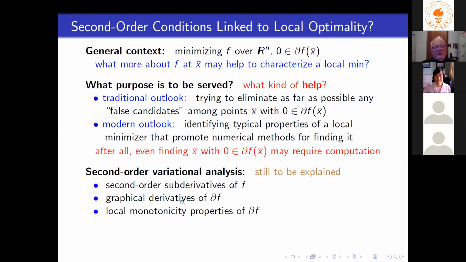So roughly graphical derivatives are what we're going to get by applying variational geometry to the graph of a set valued mapping, like the subgradient mapping. And interestingly, something more comes in about monotonicity properties of the subgradient mapping, even local properties, and that turns out to be quite an intriguing topic in second order analysis.